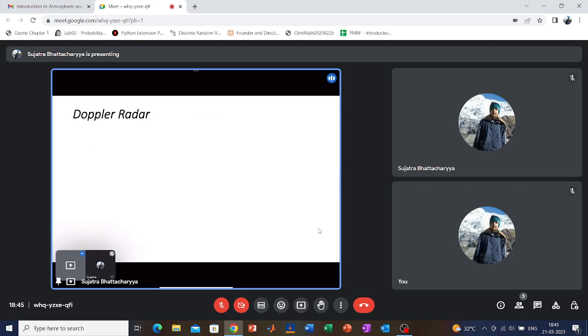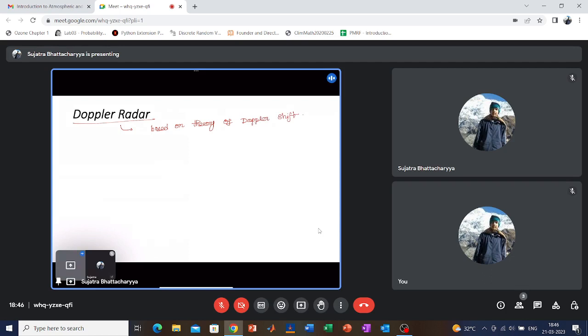Another is the Doppler radar, which will also tell us in which direction the cloud is moving. So Doppler radar is based on the theory of Doppler shift.